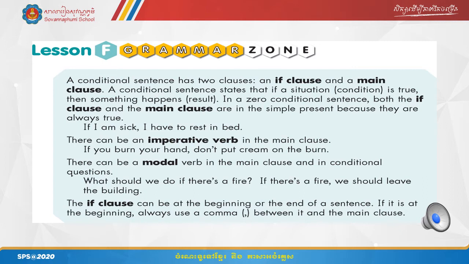A conditional sentence states that if a situation, the condition, is true, then something happens, the result. In a zero conditional sentence, both the if clause and the main clause are in the simple present tense because they are always true. Let's remember, class, one of the uses of simple present tense is to speak about facts.